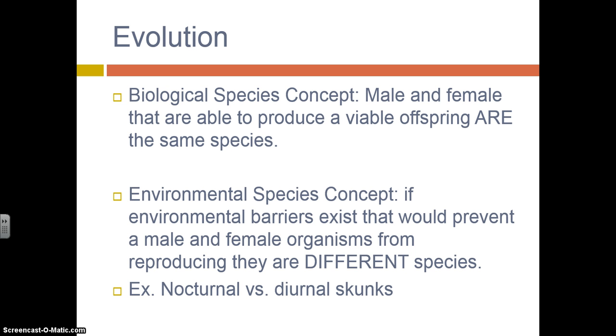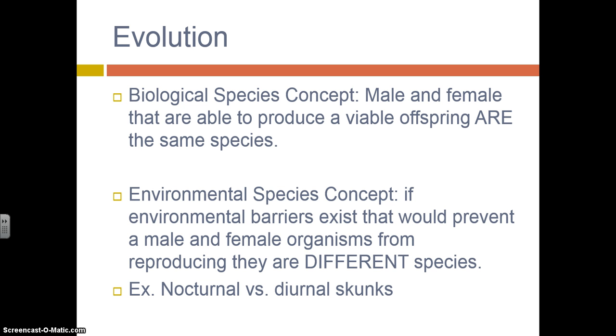So because these skunks occupy a different niche, some living and foraging and doing their skunk duties during the nighttime, and others doing their skunk duties during the daytime, because they occupy different niches, they will not naturally in their ecosystem come together to breed. And therefore, underneath the environmental species concept, these organisms are separate species.